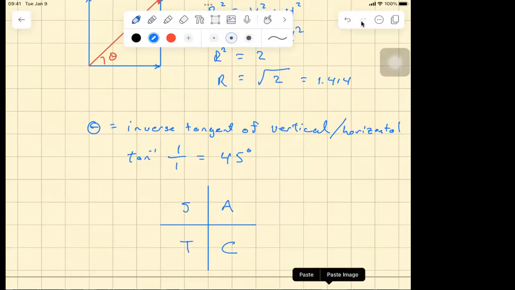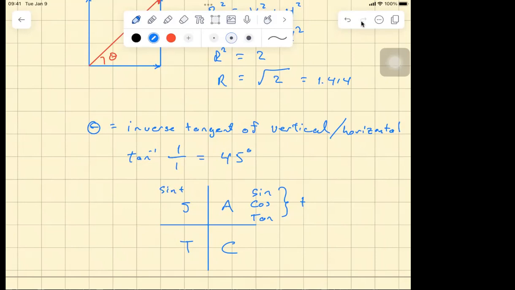Here, the A stands for all, so the sine, the cosine, and the tangent are all positive. In this quadrant, the S, only the sine is positive. The cosine is negative and the tangent is negative.